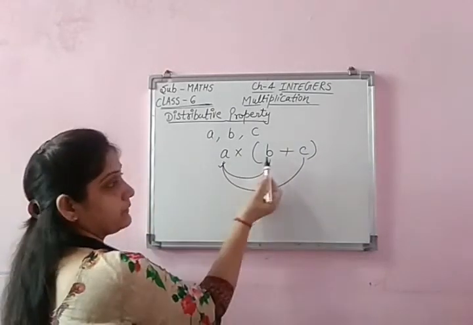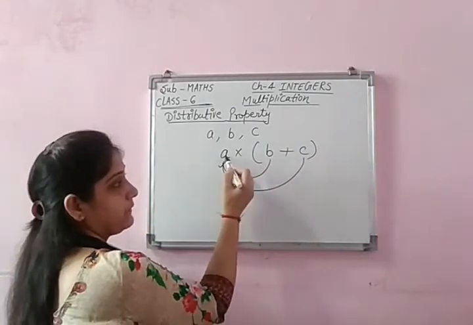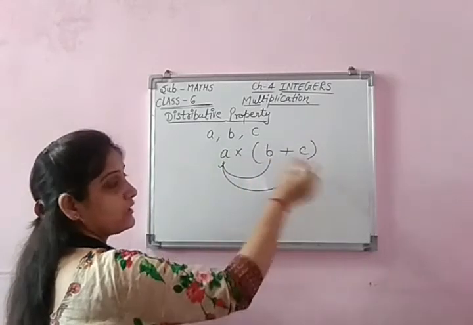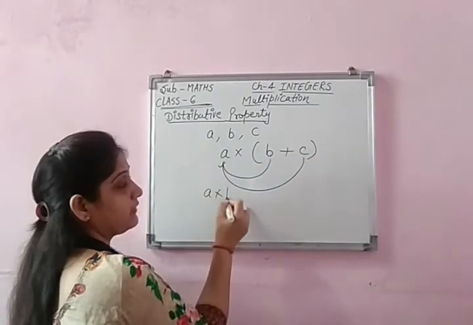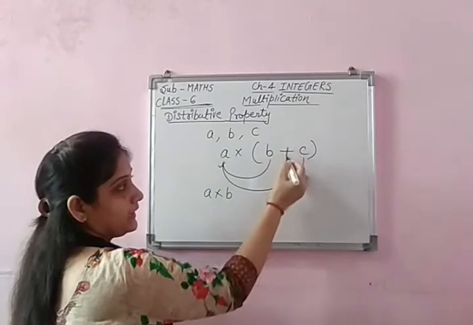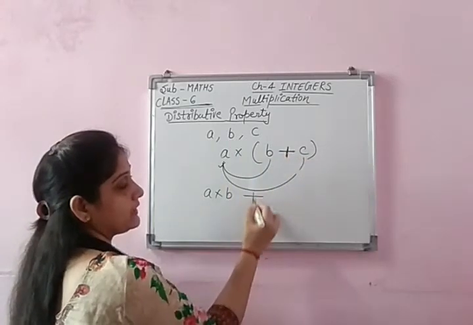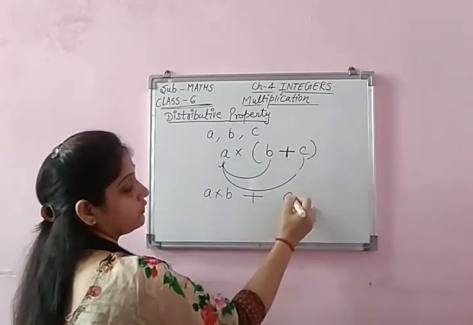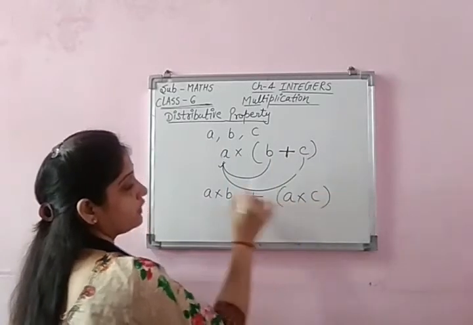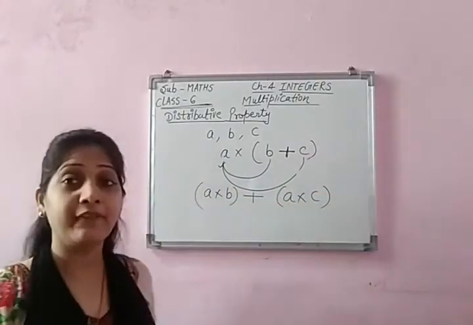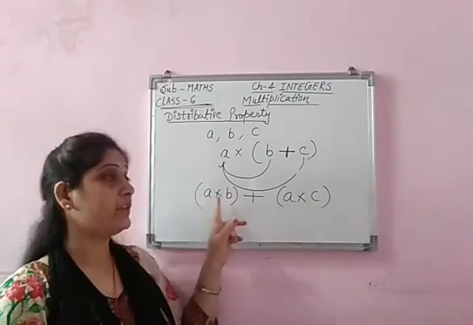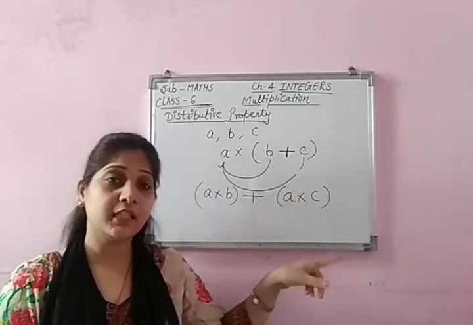So the outside number A multiplies with B and A multiplies with C also. So I can write A multiply B, plus A multiply C. This is called distributive property because we have distributed A with B and A with C also.